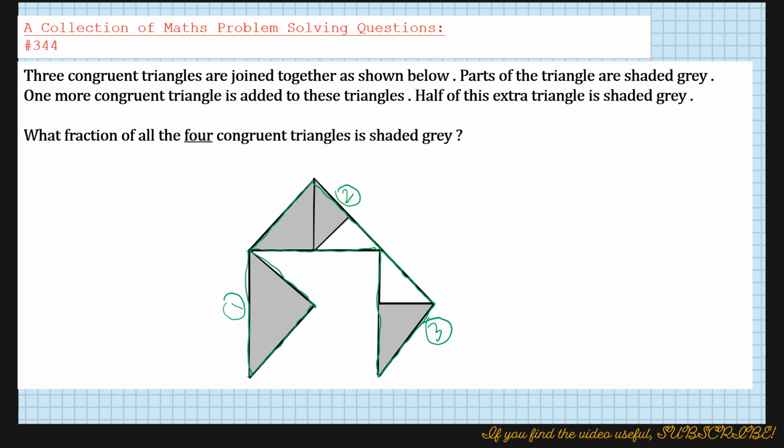So obviously the other congruent triangle will be, if we are to extend this, so it should meet, it's my drawing that's not correct. If we join this, it should be, because this would be the diagonal of a square.